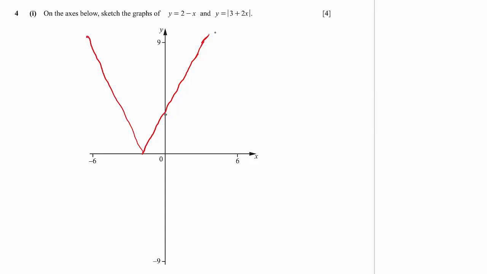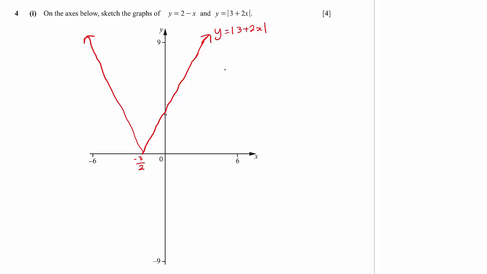And so this one is the mod of 3 plus 2x, and the axis intercept on that, so when y is 0, x would be negative 3 over 2. Okay, and of course it goes on forever, so we should have arrows.